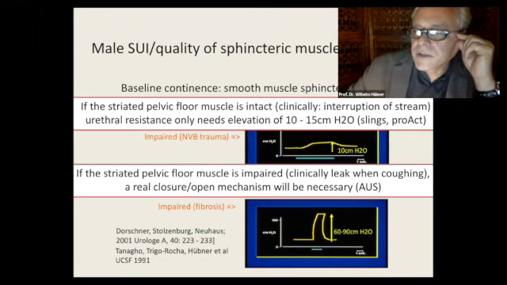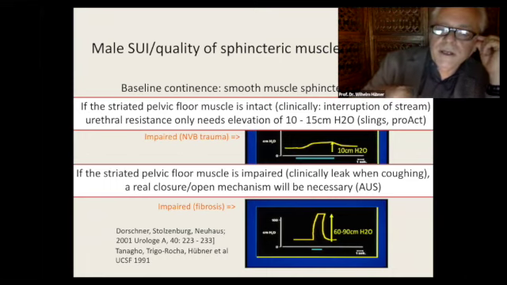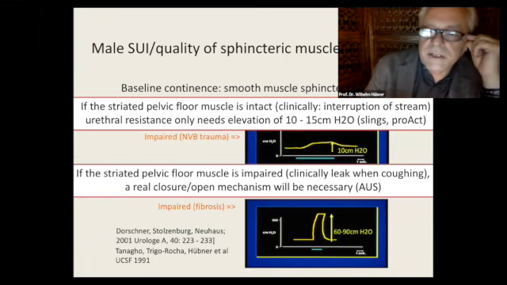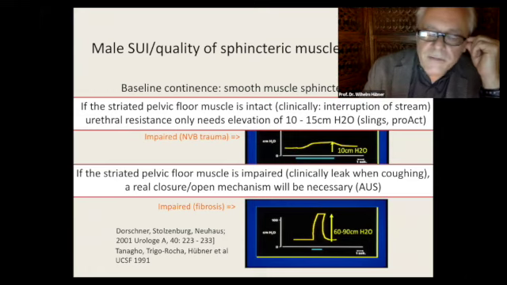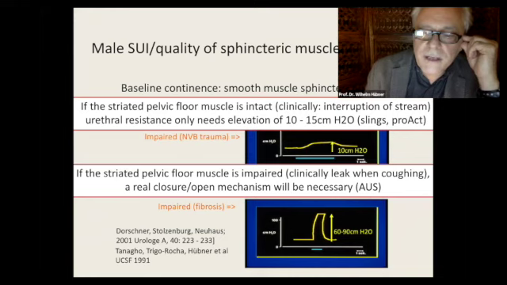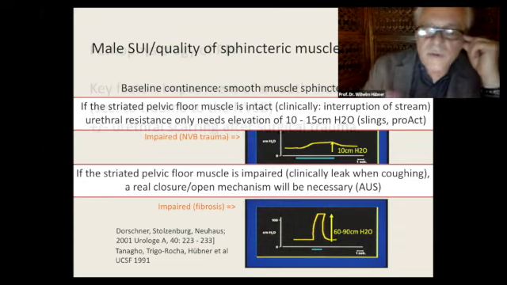It is important to understand that the quality of the incontinence does not necessarily have anything to do with the amount leaking. You can have patients that leak 500 cc's of urine every day, but still they can interrupt the stream. So it is important to understand, are we dealing with a striated muscle problem or with a smooth muscle problem?